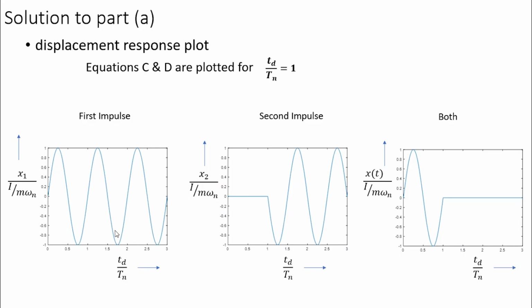As you can see here, this oscillates with natural period Tn, and it starts with 0 displacement. So the first peak appears when t is equal to Tn by 4, that is 1/4 of the natural period. In Tn, the cycle completes. So the first peak appears at Tn by 4.